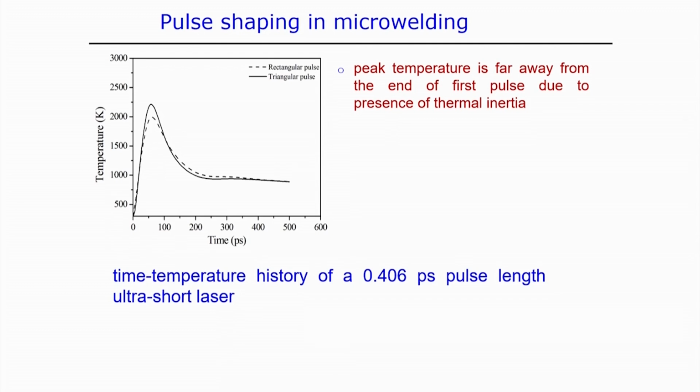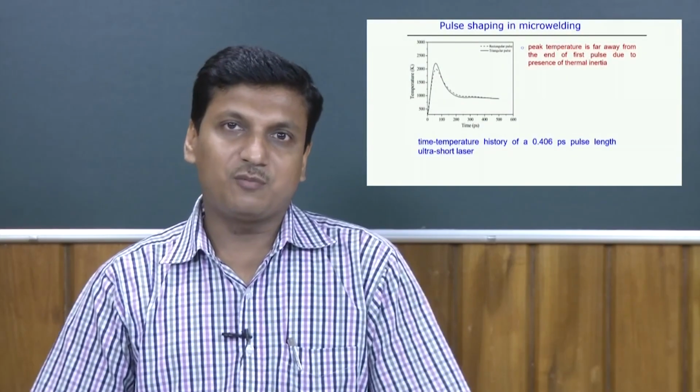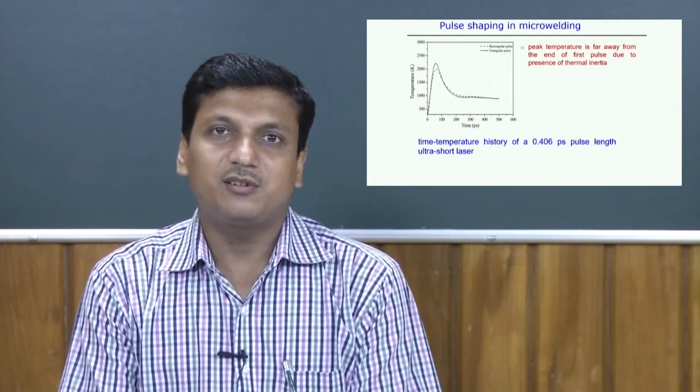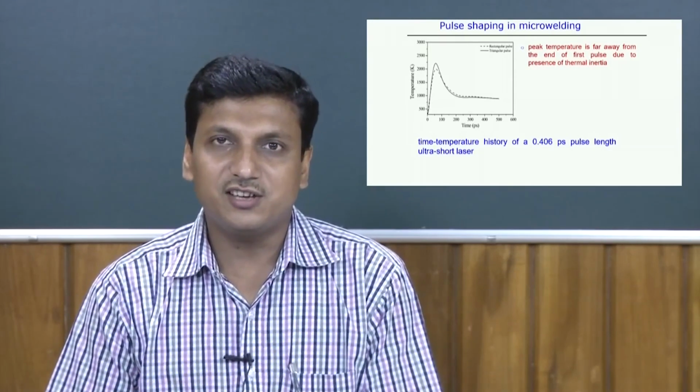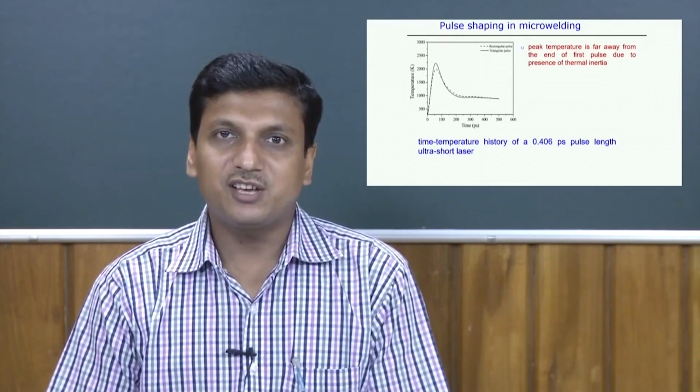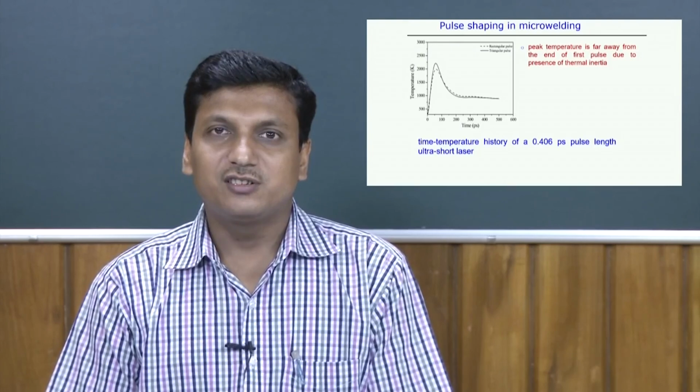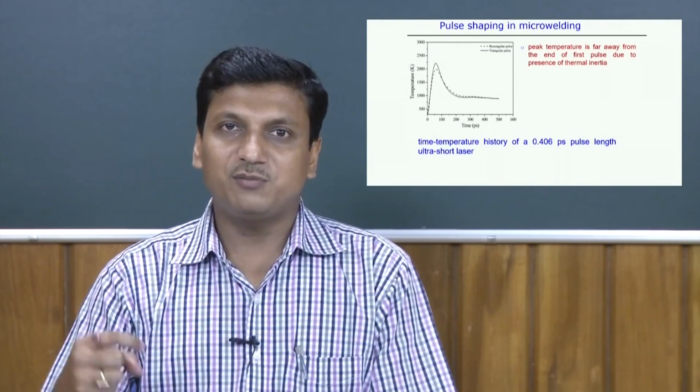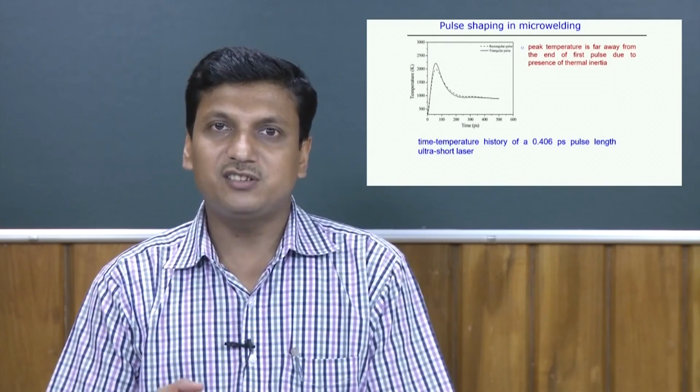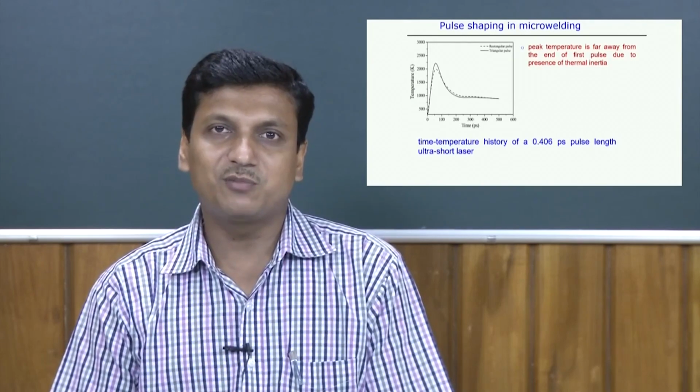Actually, when you try to analyze the effect of the heat transfer in case of normal or large pulse duration, we assume the Fourier heat conduction. So, with the application of the pulse energy on the surface, instantaneously there is a development of temperature.